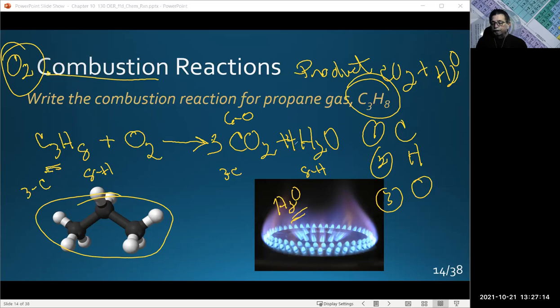And water, we have 4 molecules of water, so 4 oxygens in the form of water. So in total, we have 10 oxygens on the product side. So we go over to the reactant side and we simply take that 10 divided by 2, to give you 5.